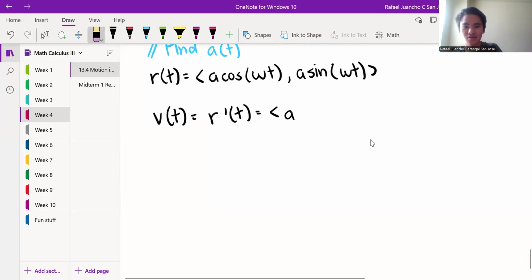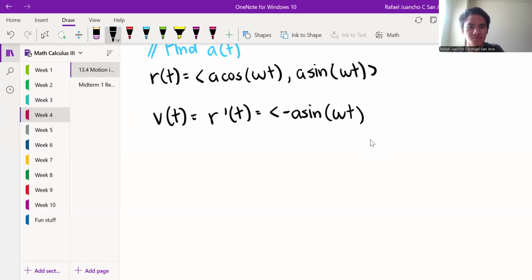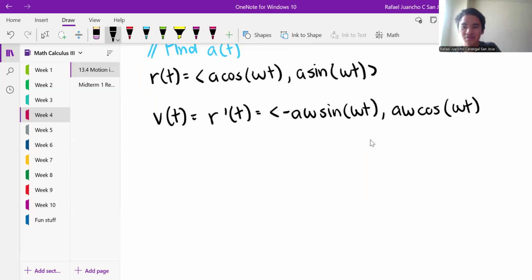So a, or actually negative a, sine of this thing. So I actually forgot I had to use a chain rule here. So it's negative a omega sine omega t. And then here the same idea. So we have a omega cosine of omega t.